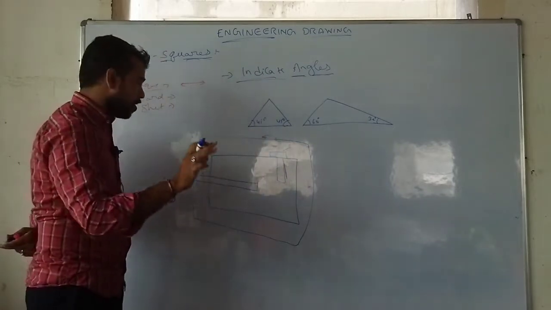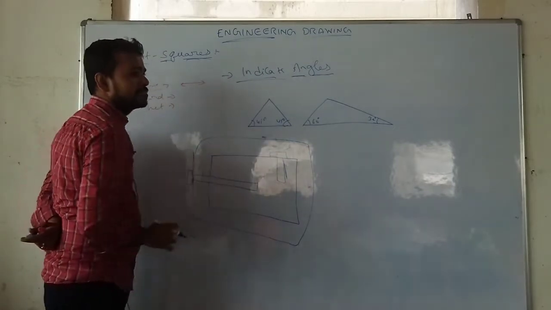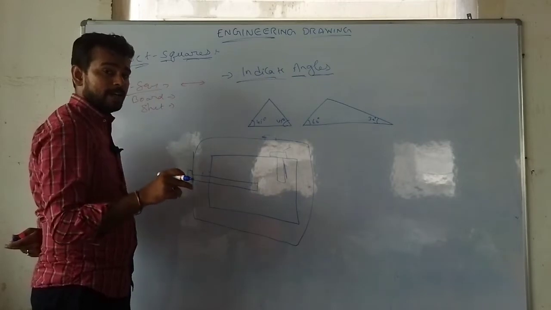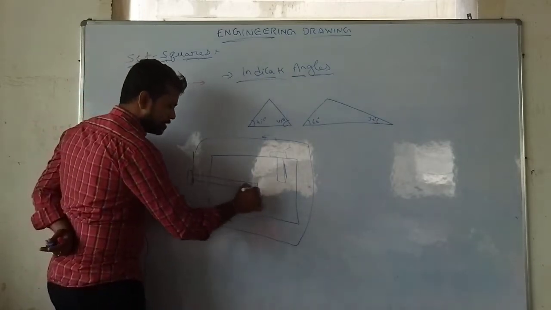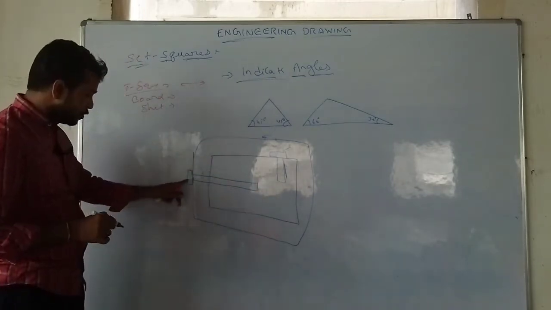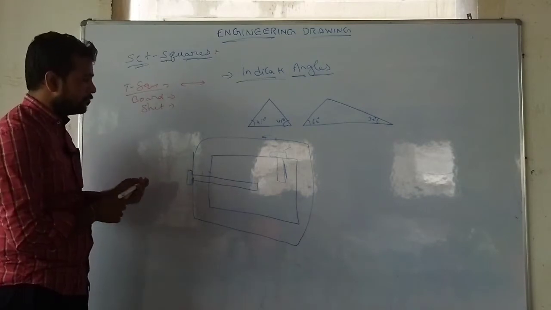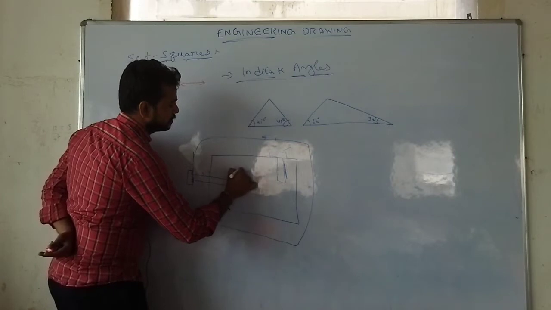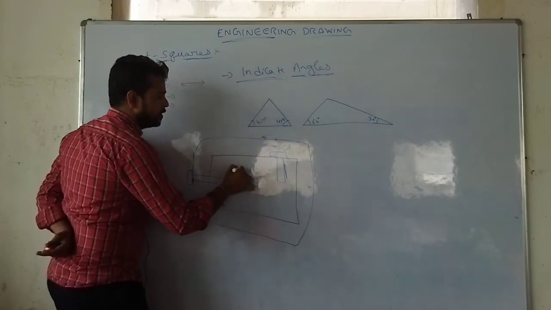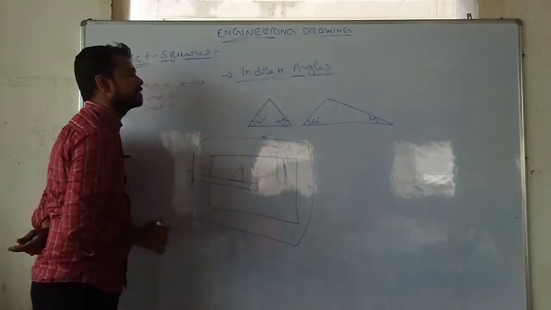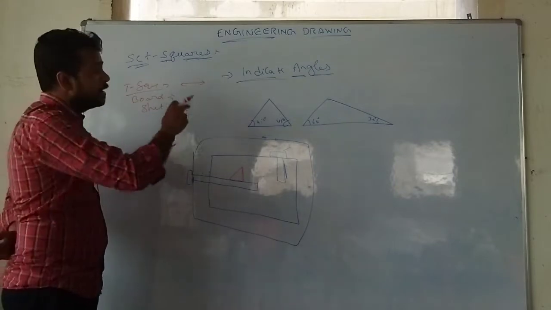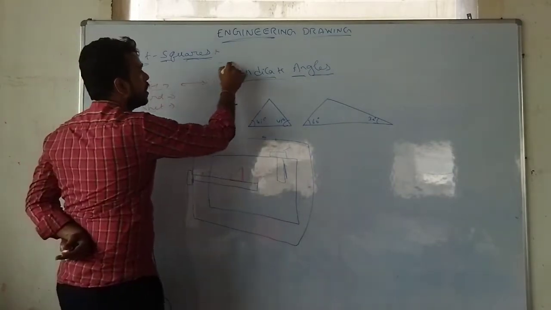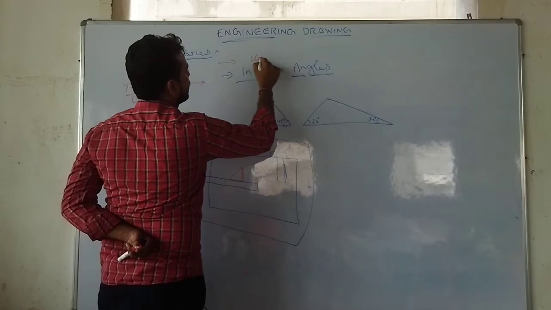That's why we cannot draw vertical straight lines. To draw vertical lines, what you should do, in olden days, you have to place T square here. Then after that, you have to place one of the set square here. Then you will be easily draw vertical lines. So with the help of set squares, you can indicate angles and you can draw vertical lines also.